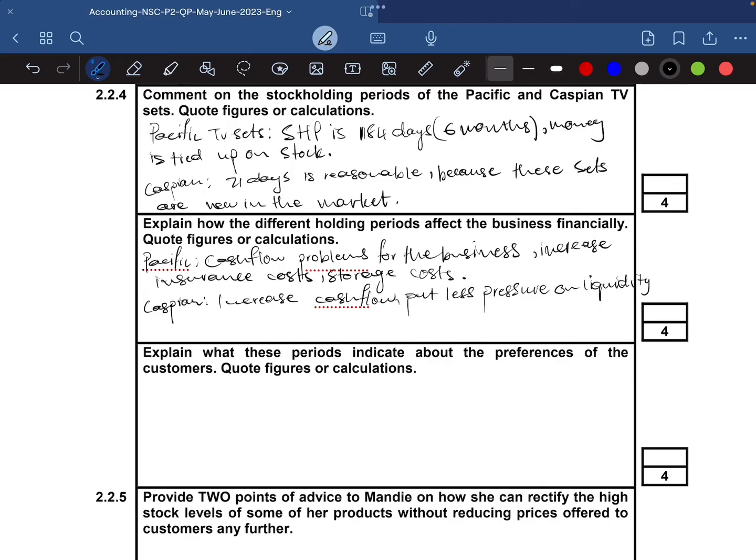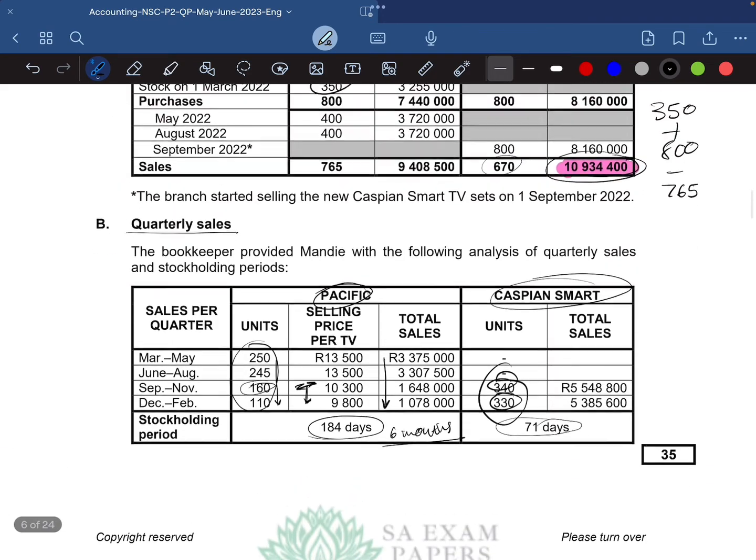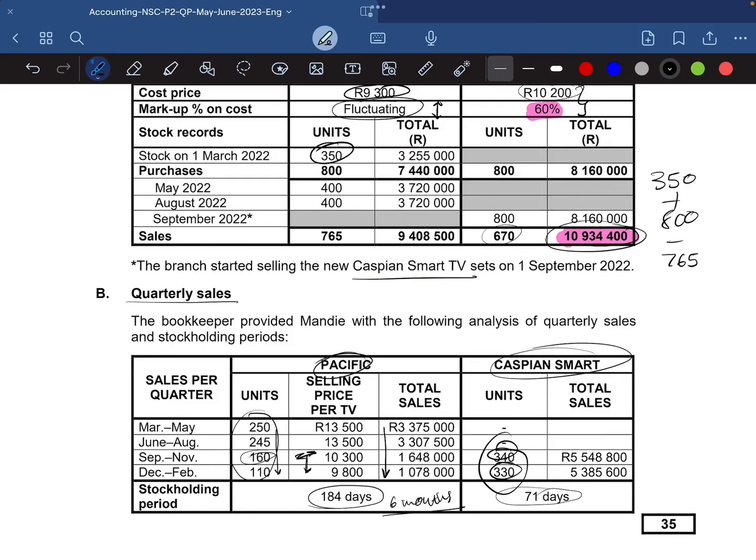Okay, so now explain what these periods indicate about the preferences of the customers. Quote figures or calculations. So we could say that the Pacific TV sets are old brands. Remember that they told us Caspian are smart TV sets.